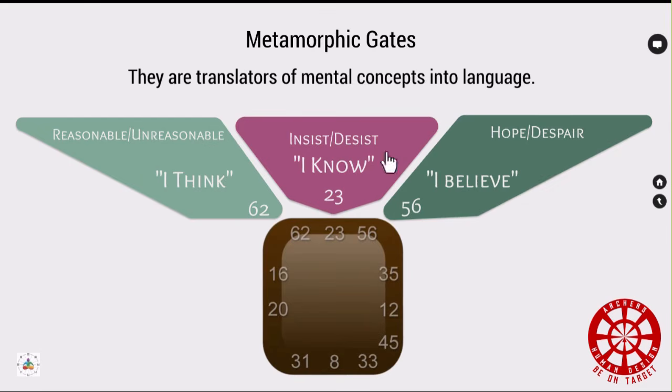So from the perspective of each of these gates, there is going to be a frequency of this or that to the way in which this I think voice shows up. It's either reasonable or unreasonable. The I know, insist, or I don't know, desist. The I believe, instilling hope, or faith is another word you can use there, or despair.